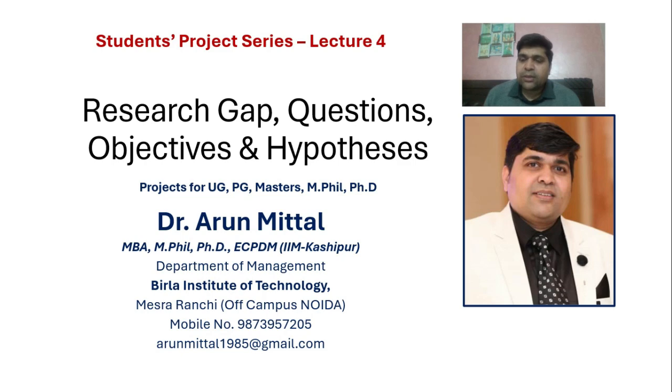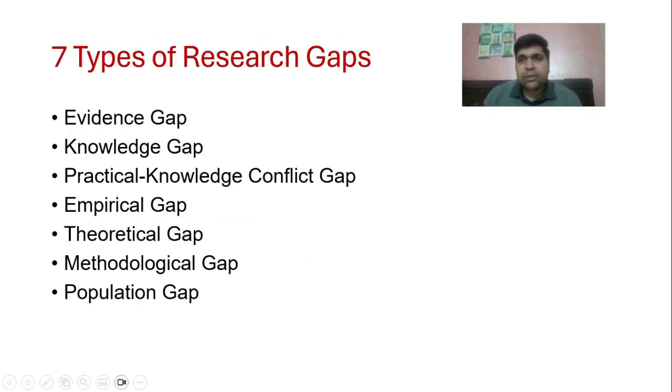So, after having done the literature review, we come across the research gaps. I will not explain each one, rather, I'll give you the link where the description is given. But research gap is something which has not been studied by the other researchers.